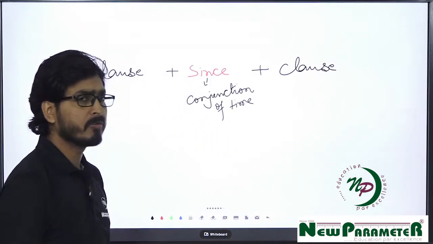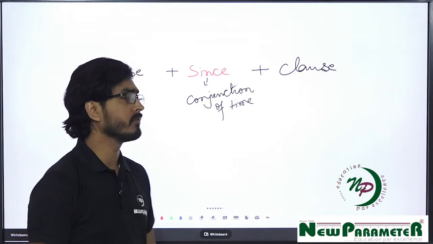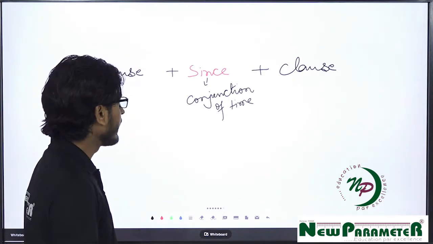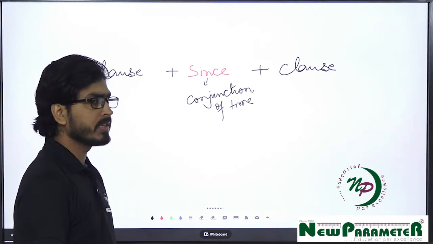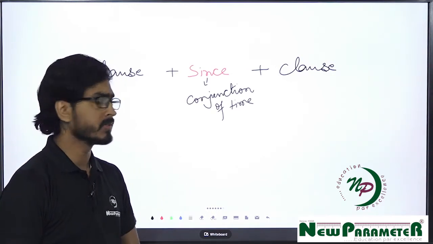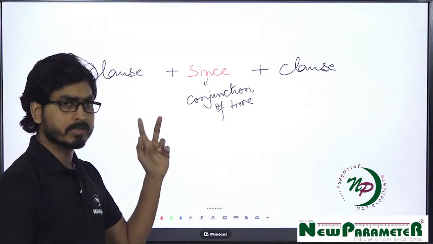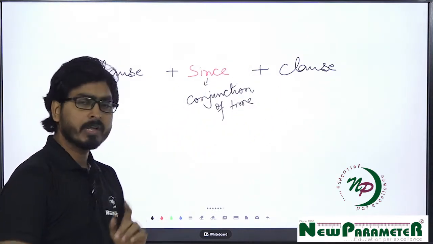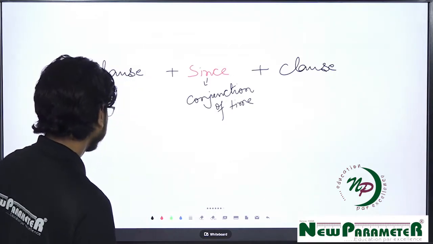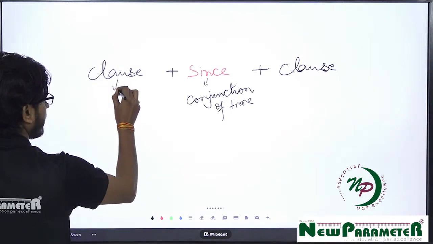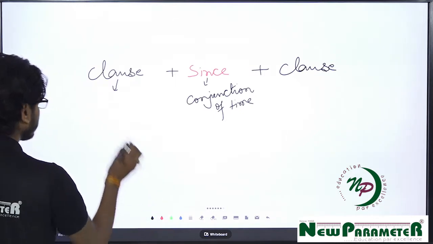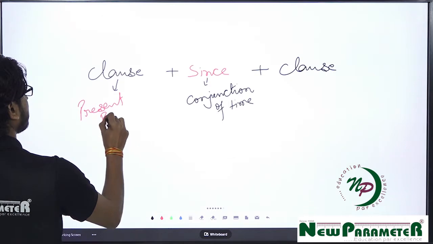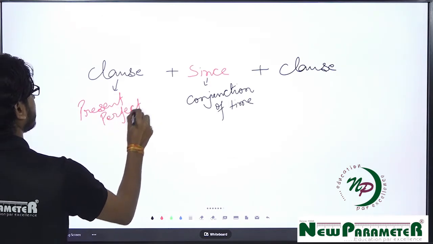I'm just giving you a very appropriate way of solving an error, that whenever we see any question related to since, there will be two clauses. One will be here and the other will be here. The only question is asked from here that we have to keep this clause in present perfect tense.